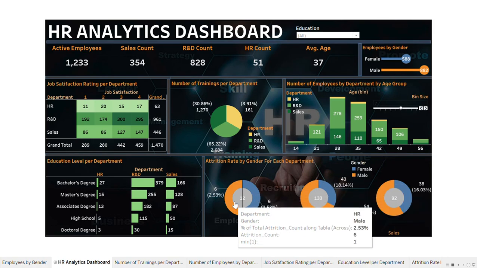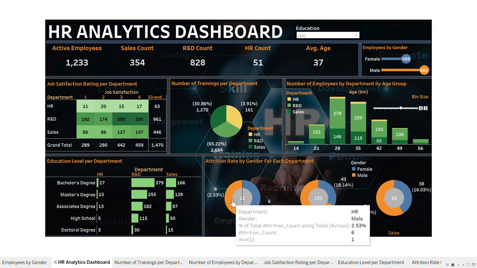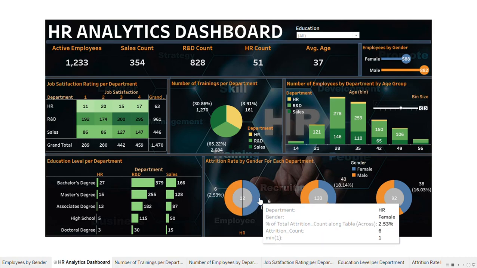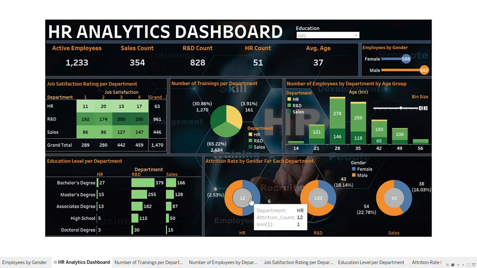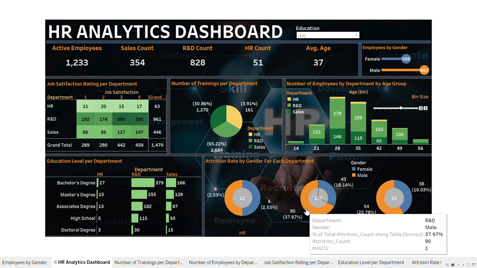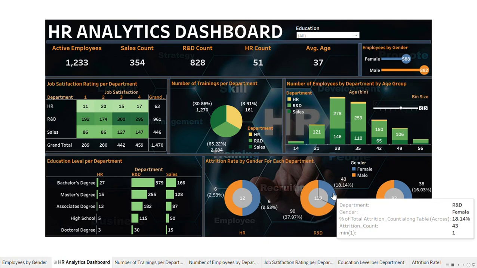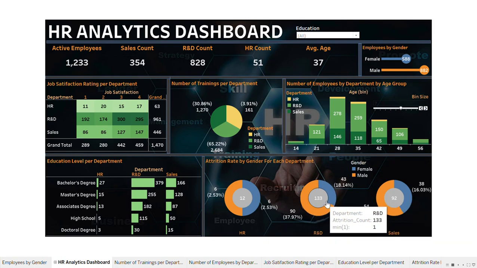So 6 males left the company, and 6 females left the company as well, bringing a total to 12 in the HR department. Similarly, in the R&D department, you find that 90 males left the company and 43 females left, giving a total of 133. Same applies to the sales.